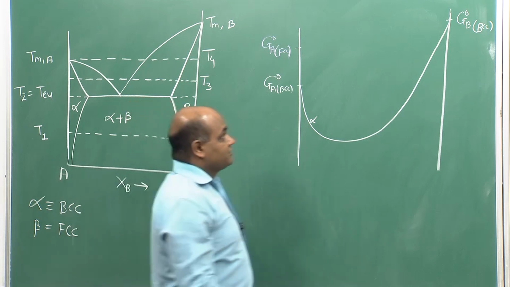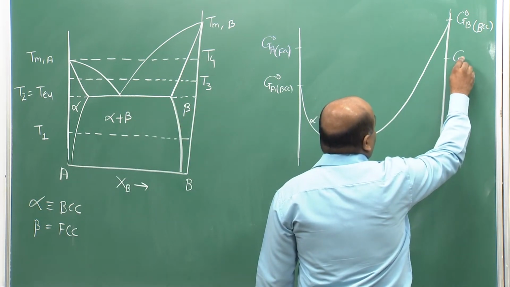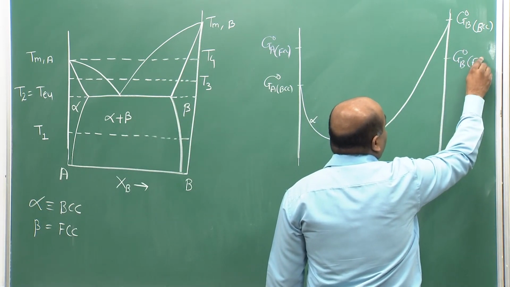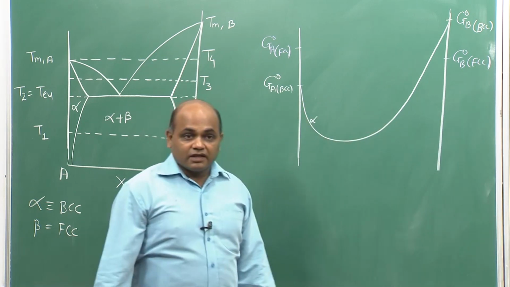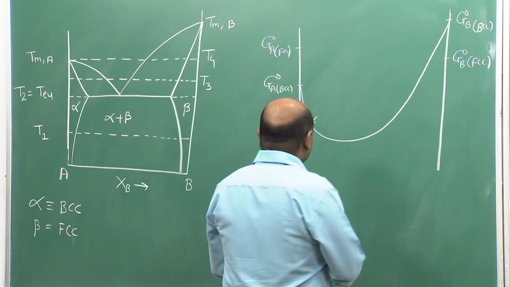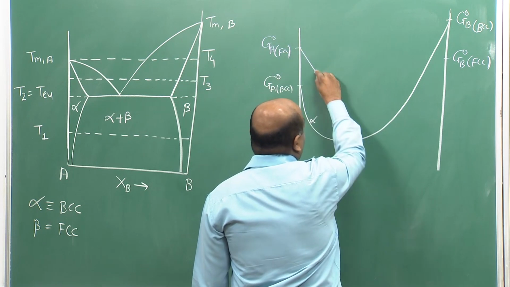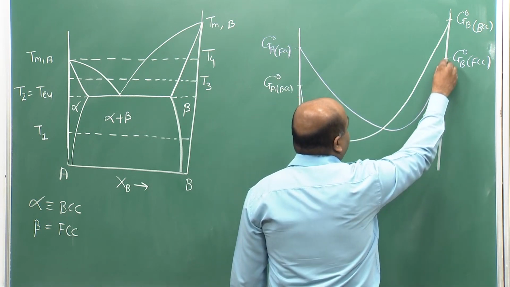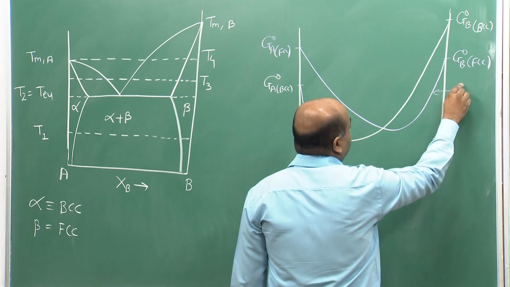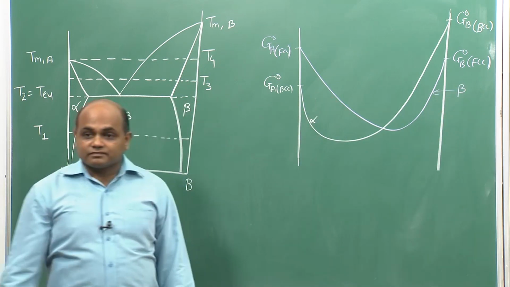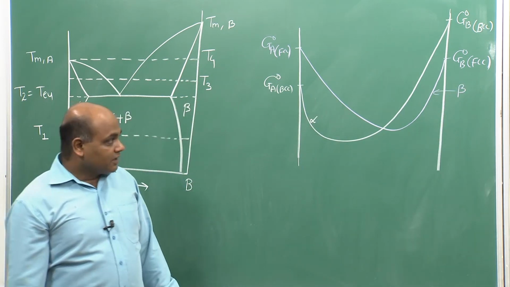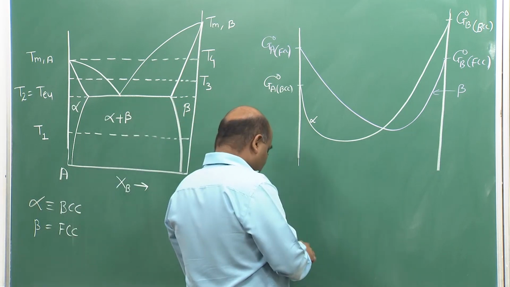And B is stable as FCC. So, G_B^0 FCC will be lesser than G_B^0 BCC, and we can get the curve for beta. Right. This is for beta, and we can determine the two phase region by drawing a common tangent.